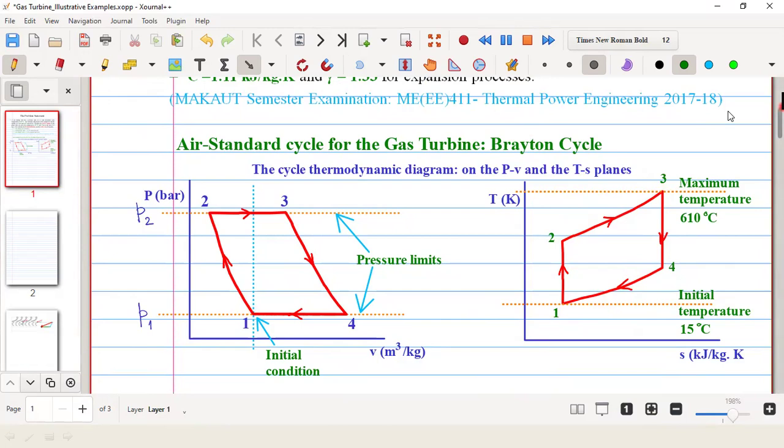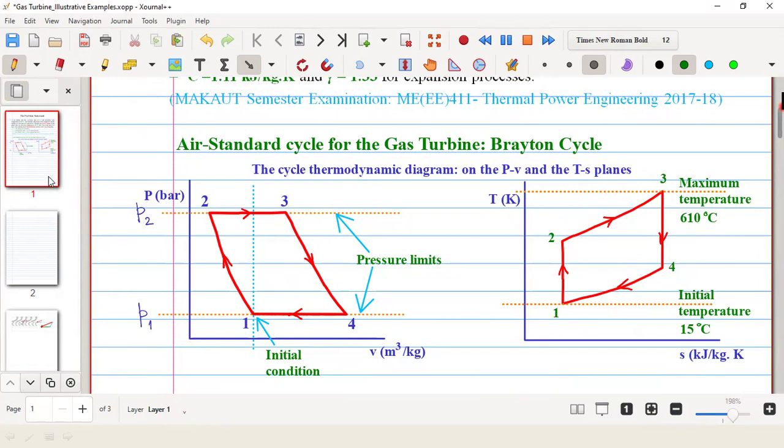Here you can write that entropy is equal to constant for this process, and entropy is equal to constant for this process. And here pressure is equal to constant for this process, and pressure is equal to constant for this process.